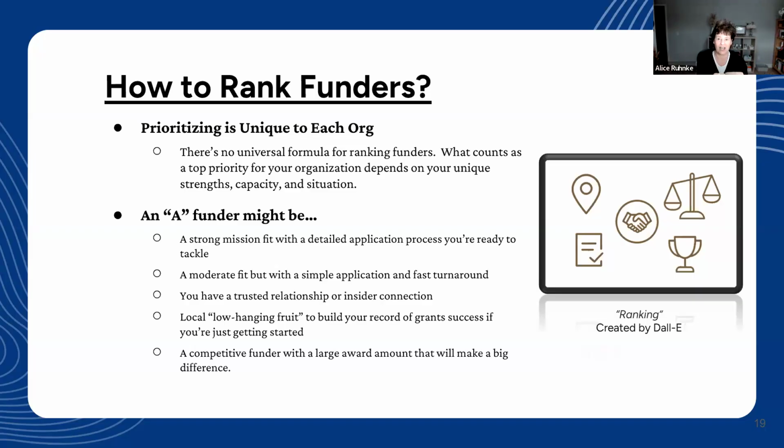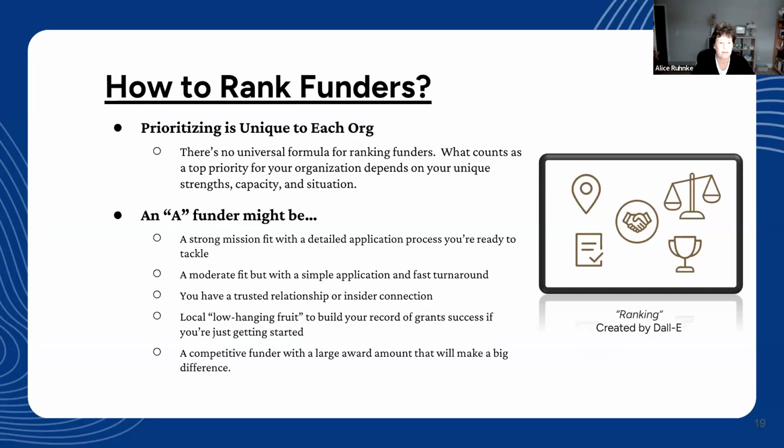But usually, if you haven't done that first step of building those relationships with funders on the ground, those national funders aren't going to look at you as highly because you haven't done that yet. That's kind of low hanging fruit, I guess, if you will, to start.